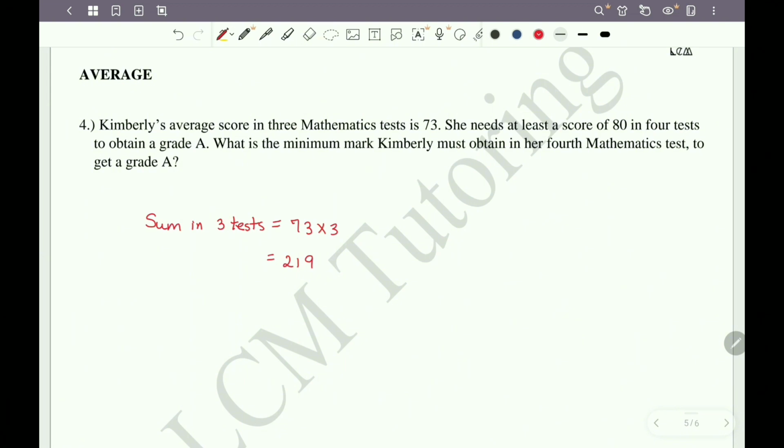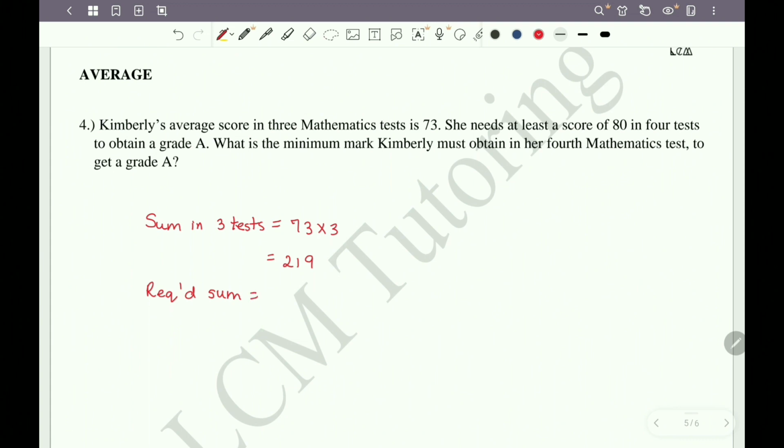So 219, right? That's her total. If you added up the 3 scores, you would get 219. Now she needs at least a score of 80 in 4 tests. So required score, let's say required total or sum, right?